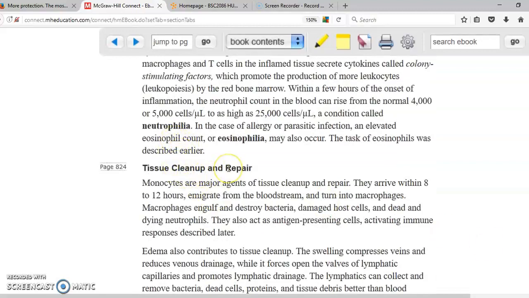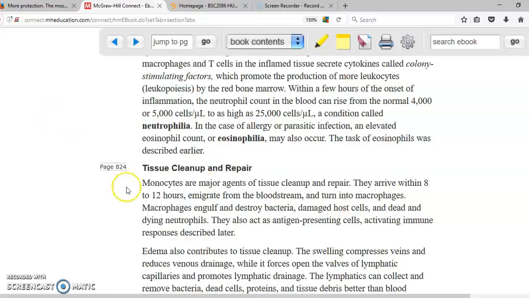Tissue cleanup and repair, basically that is the responsibility of the macrophages. As we said, monocytes are when they're inside the blood. Outside, they're going to be called macrophages. The macrophages will go to the area where the infection was, and they're going to destroy everything. They're going to phagocytize dead neutrophils, dead bacteria, damaged cells.